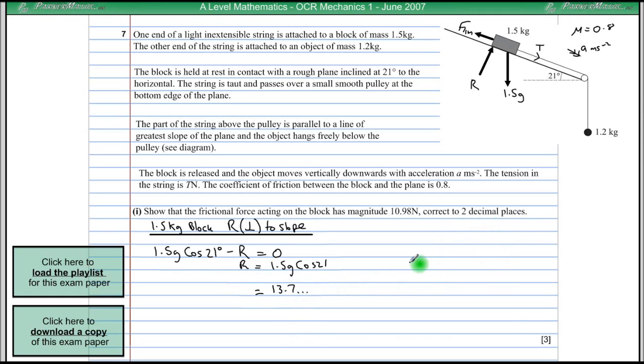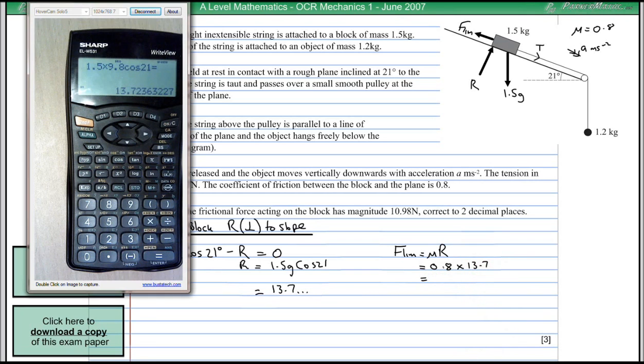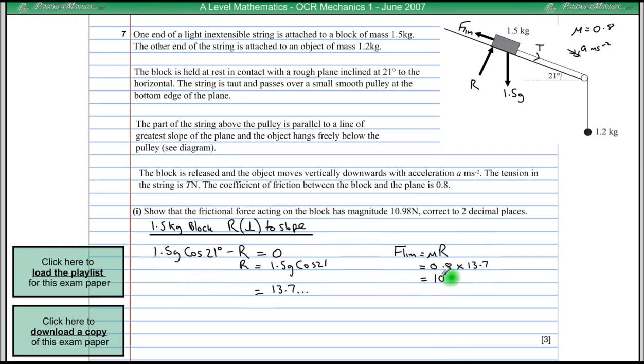We want to find out the value of the frictional force F lim, which is given by mu R, which is going to give us 0.8 multiplied by the normal contact force that we just found. So we'll use the value already in our calculator and just multiply it by 0.8, and we get 10.98 if we do that to 2 decimal places.